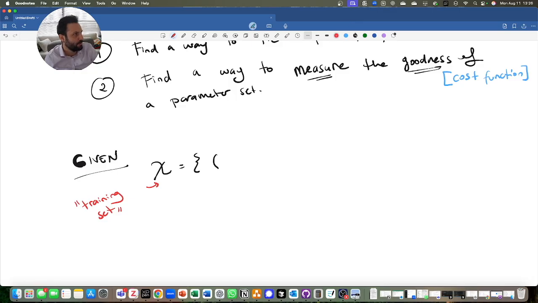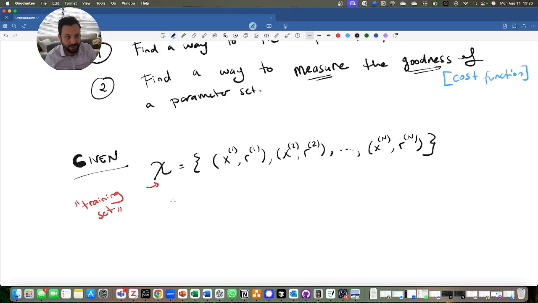All right, so when we're given a bunch of x's, x of 1, r of 1, x of 2, some image, r of 2, and so on, x of N, capital N, r of capital N, we would like to train our model using this and find a model that's going to work on this data set?